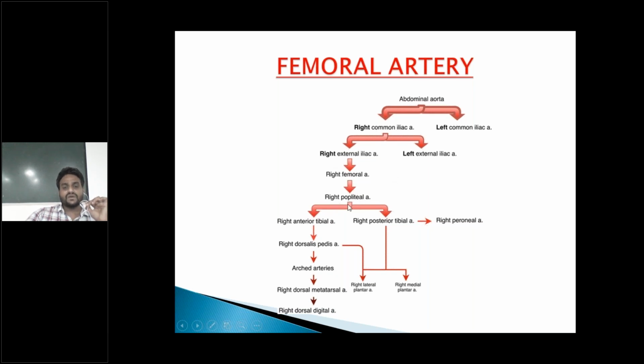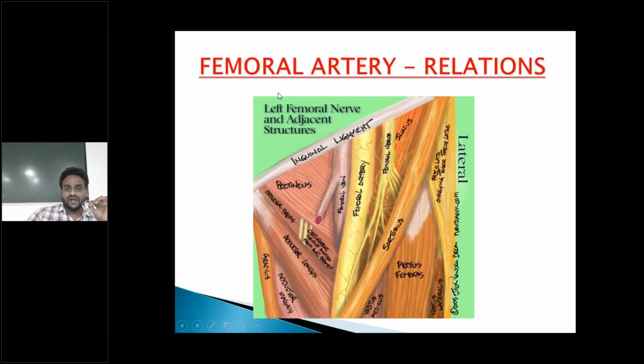Within the popliteal fossa, it divides into two branches, anterior tibial and posterior tibial. That means the extent of the femoral artery is from inguinal ligament to hiatus of adductor magnus. In its route, it passes through femoral triangle and adductor canal. So this is the extent of the femoral artery.